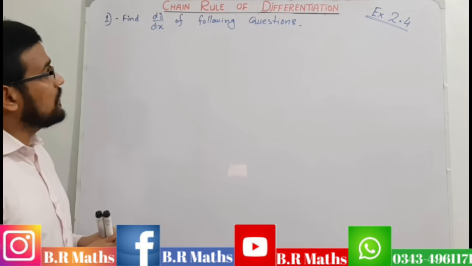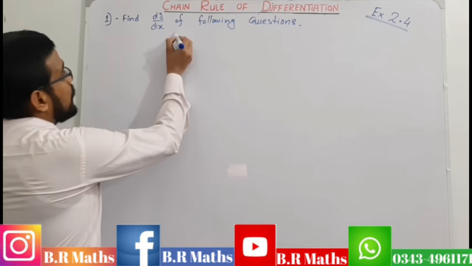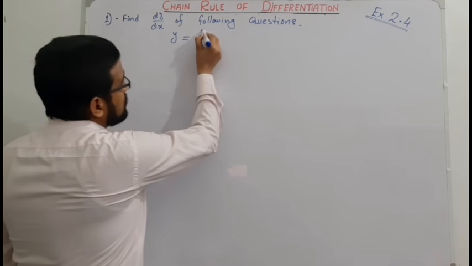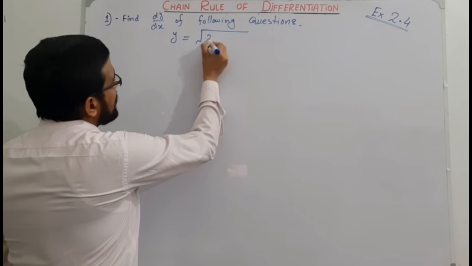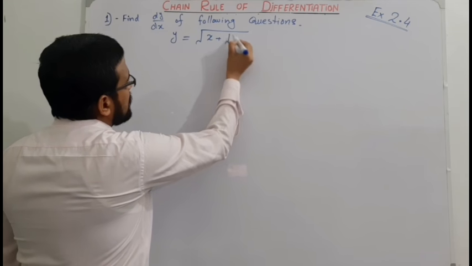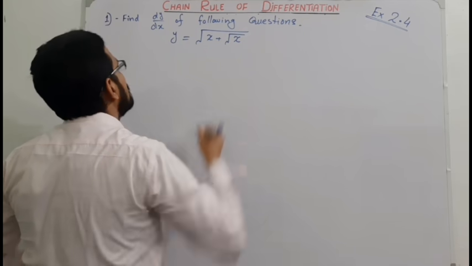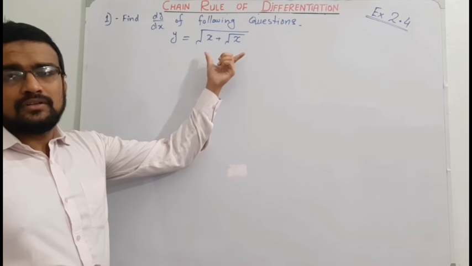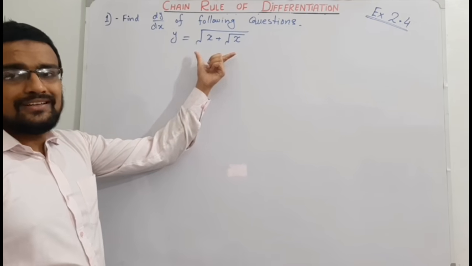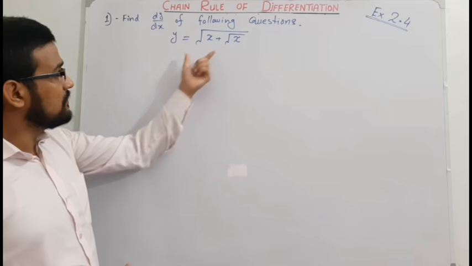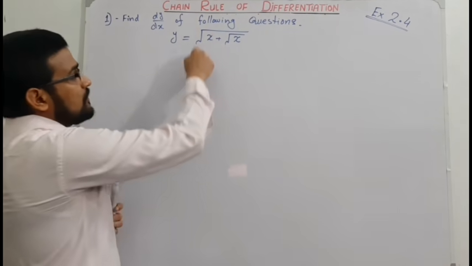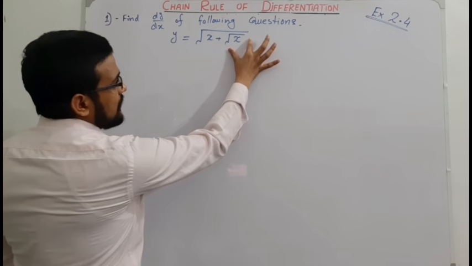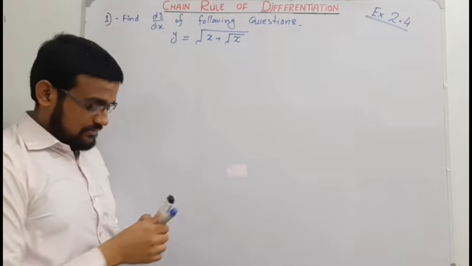Question number 1, part 2: y is equal to square root of x plus square root x. See students, this is a composite function. This one is a square root, and again in the radicand another square root is given.